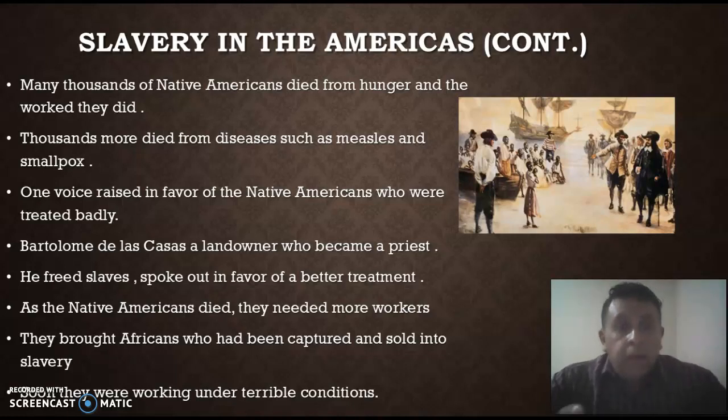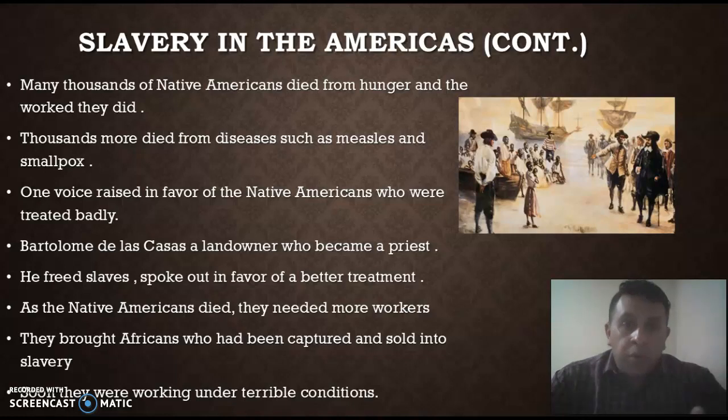Now, because the Native Americans were dying and their population was decreasing, they brought Africans, who were captured in different areas of Africa and sold into slavery. They were separated from their families.